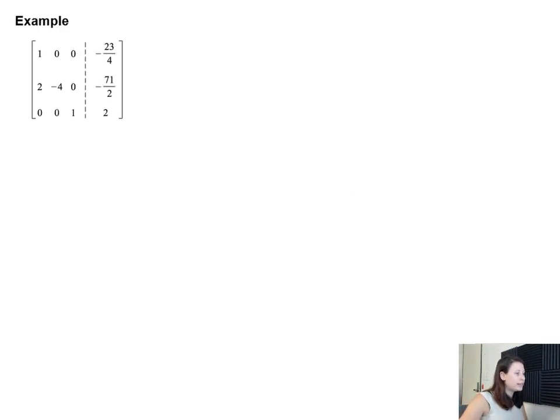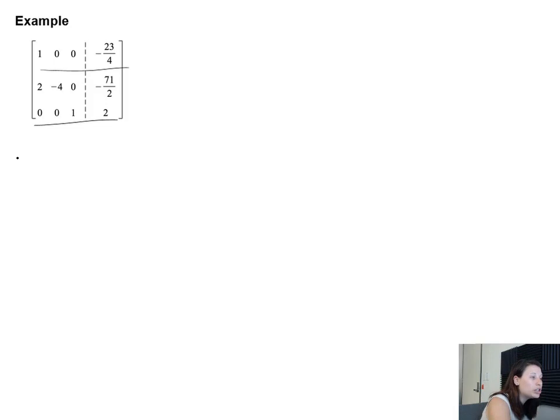All right, then this is the last example that I actually wanted to do out with you. So if we look here at this matrix, we can see that we've almost already got it, right? We know what z is, we know what x is, we just don't quite have what y is. So we can do a couple row operations to figure that out.